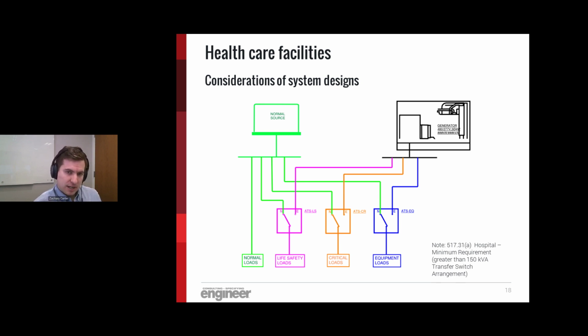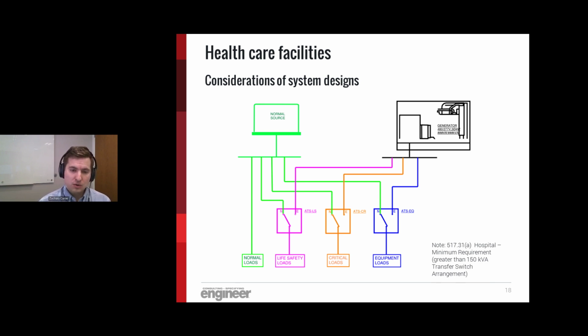But overall, when we're designing a healthcare facility or mission critical facility, we're trying to minimize interruptions. That's the goal. We're looking for near normal operating conditions when they're operating on the normal, obviously, and then when they're operating on the generator. So when it comes to healthcare systems, NFPA 99 is going to have us follow different category levels.